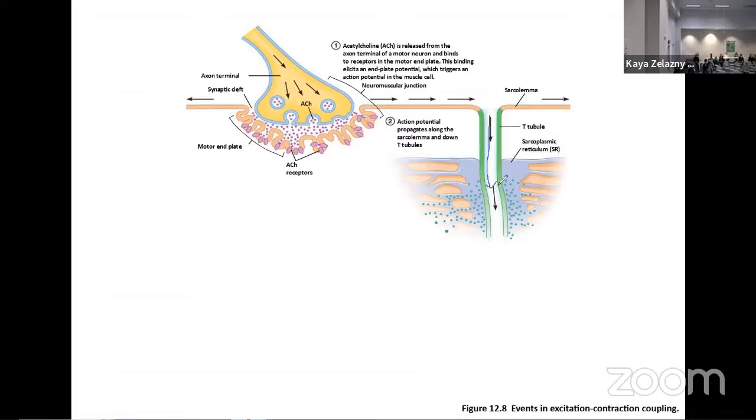So when we looked at the overall structure of a muscle, we named this as a triad. So a triad was the T-tubule in the middle with the lateral sacs of the sarcoplasmic reticulum on either side. I'm drawing this as a big T because this is the T-tubule. On either side, we have sarcoplasmic reticulum.